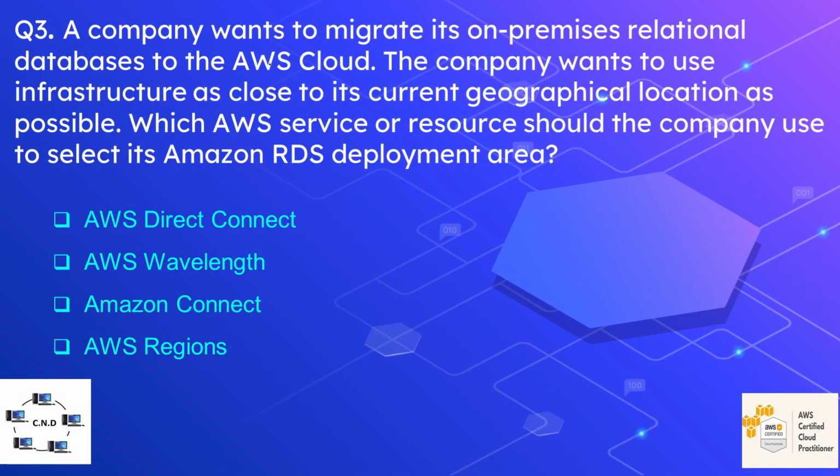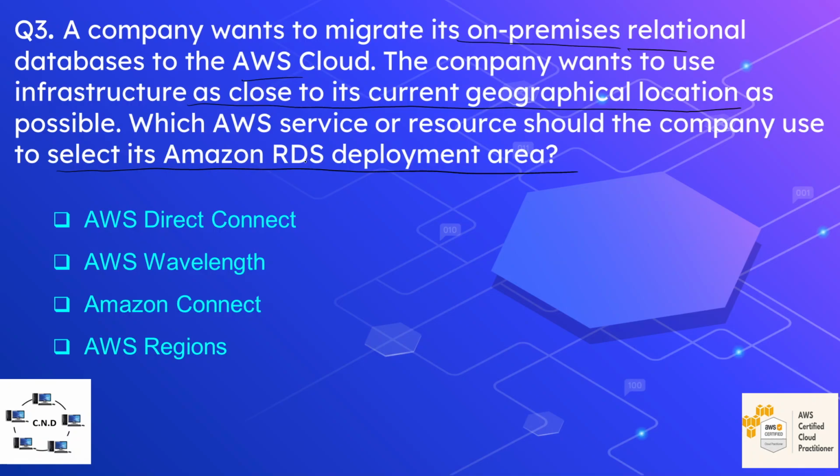Question number three is that a company wants to migrate its on-premises relational database to the AWS Cloud. The company wants to use infrastructure as close to its current geographical location as possible. Which AWS service or resource should the company use to select its Amazon RDS deployment area?